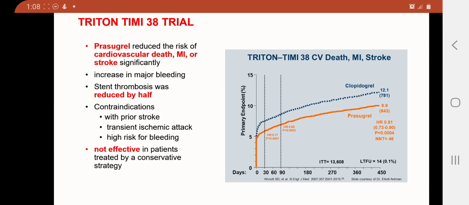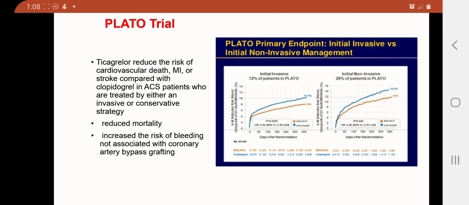However, there is increase in major bleeding, and another benefit is that stent thrombosis was reduced by half. Contraindications in using prasugrel include prior stroke, TIA, or high risk for bleeding, and it is not effective in patients treated by a conservative strategy. Actually, they are given in patients who will undergo PCI.